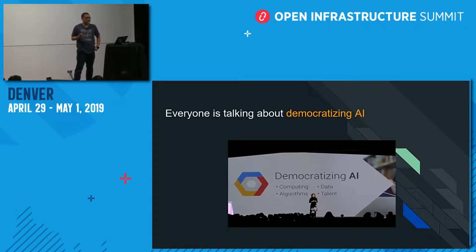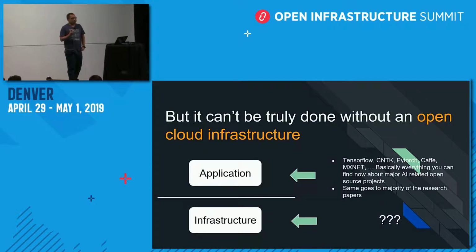But having all of these AI capabilities, can we take them out of the ivory tower and make them accessible for everyone, like end users, developers, operators? The answer is the cloud. And this methodology, we call democratizing AI. But it cannot be truly done without an open infrastructure for the cloud.